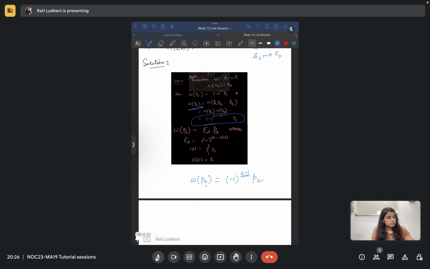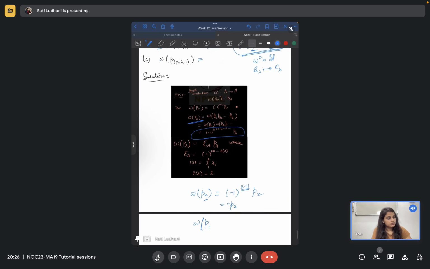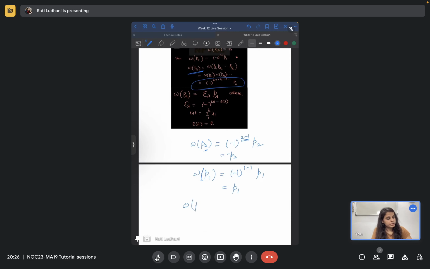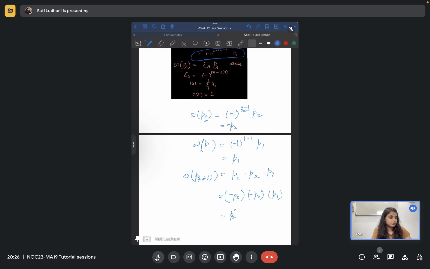So from this, you got omega p2 is equal to minus 1 raised to power 1 minus 1, p2. It's just minus p2. And what about we need for 2 2 1? So p1 is minus 1 raised to power 1 minus 1 p1, so you'll get plus. So omega of p221 is equal to p2 into p2 into p1, so you'll get minus p2 into minus p2 into p1, which is p2 square into p1.